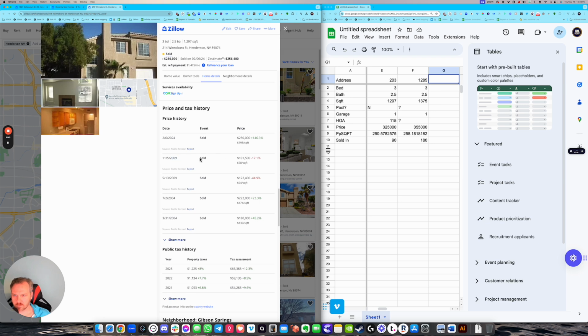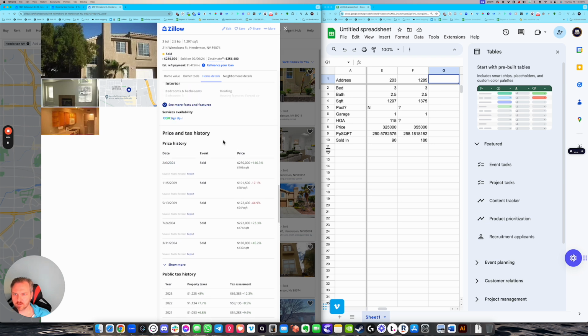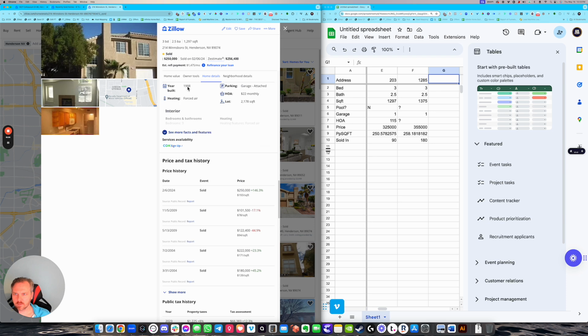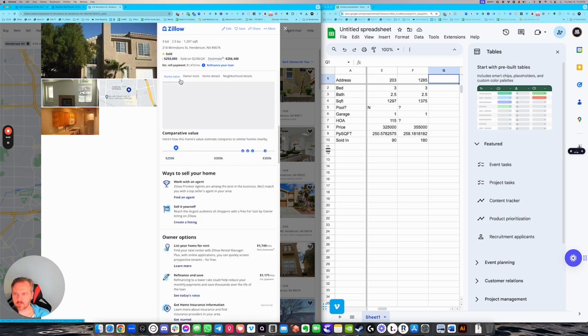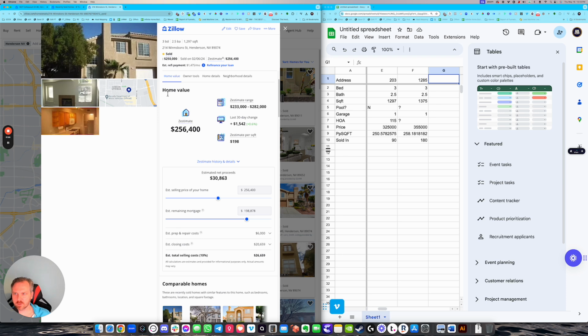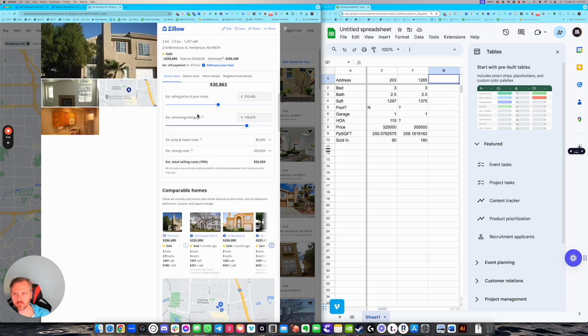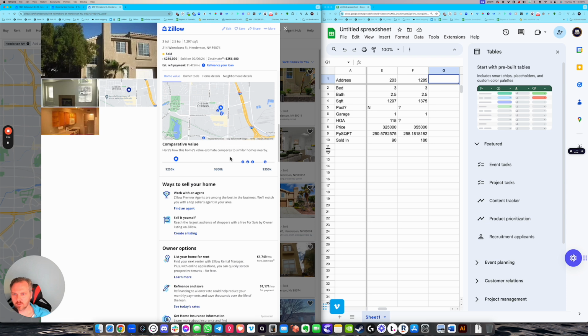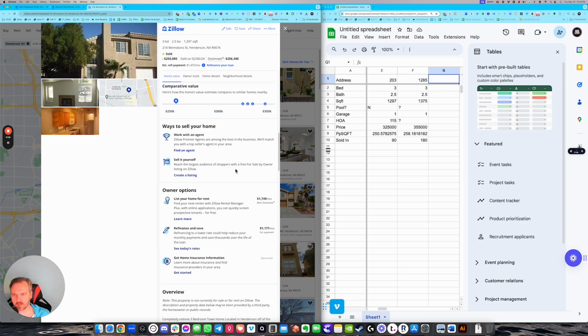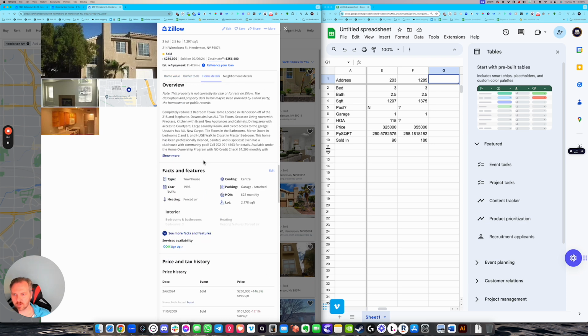Sold in 2009 and sold in 2024. This went for way less than what it was worth. So either there was a lot of damage to it, or, right, that's this house, where every other house around it is selling for way more.